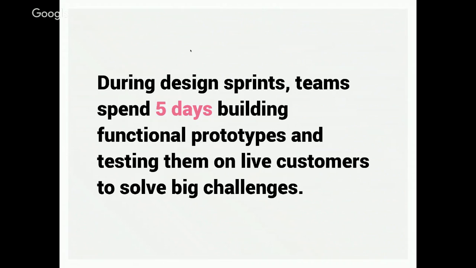About a year ago, the way that we got into this was my partner, John, was looking at some of the things that Jake Knapp and John Zeratsky and Braden and the team at Google Ventures were talking about putting into this sprint book that they published a few months back. I recommend everybody go out and read it, buy it. It's a great read. It'll really give you the full context of the sprint. They were using it inside Google to build products like Hangouts and Gmail.